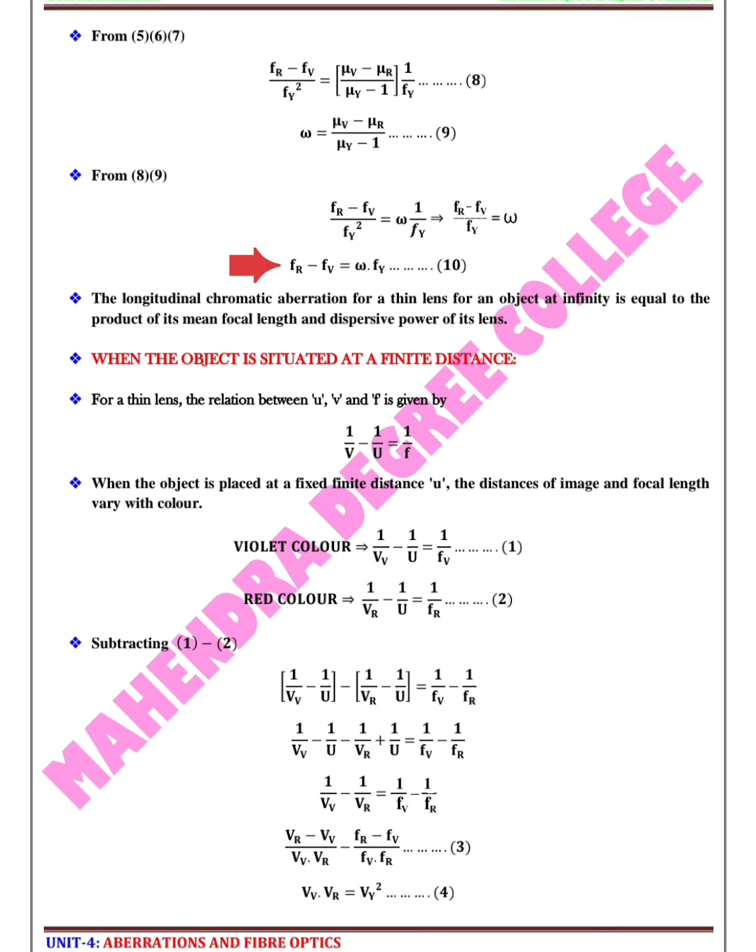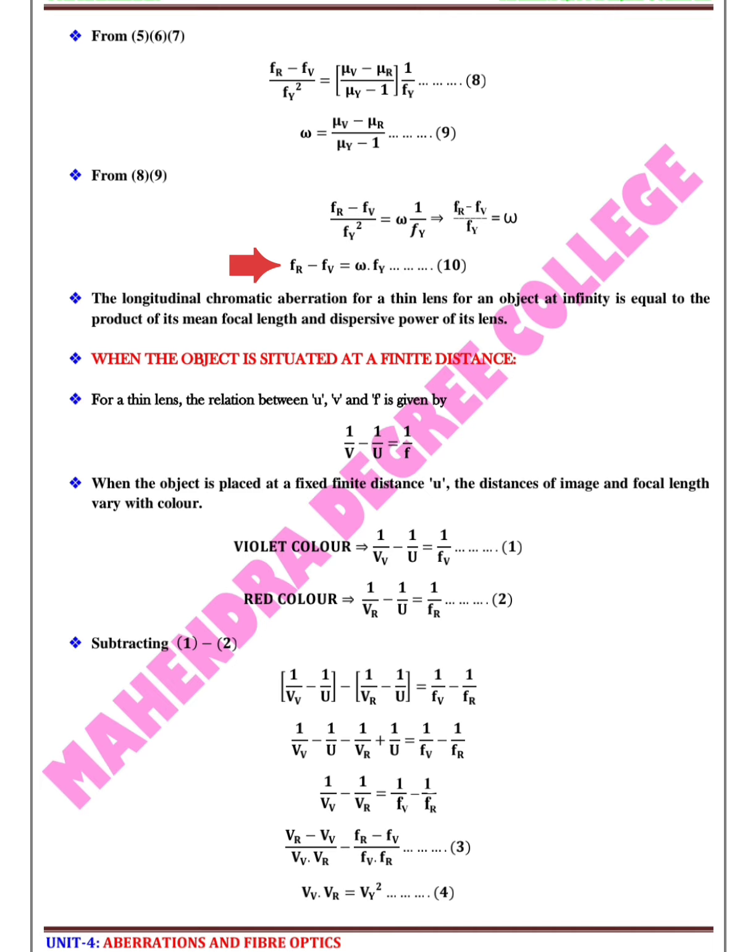Rearranging the above equation, the denominator Fy on the left hand side moves to the right hand side, meaning omega into Fy. Finally, we get Fr minus Fv equals omega Fy.